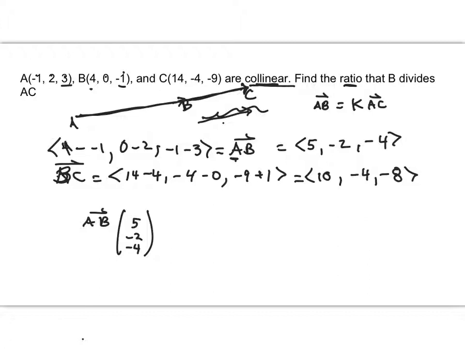There's A to B, and here's B to C. Okay, so if you look at this, B to C is twice what A to B is, right? 2 times AB equals 1 BC. So the ratio is 2 to 1. It's as simple as that. Okay, next.